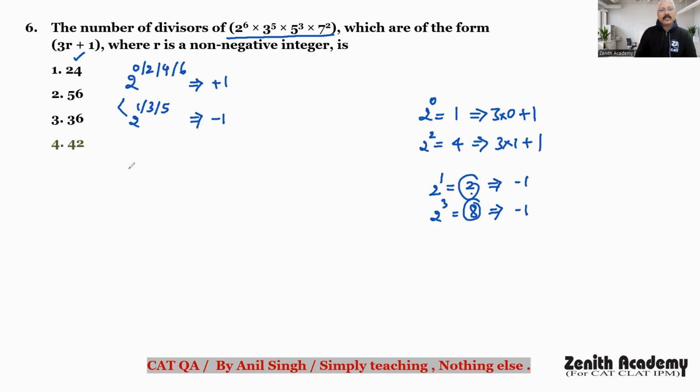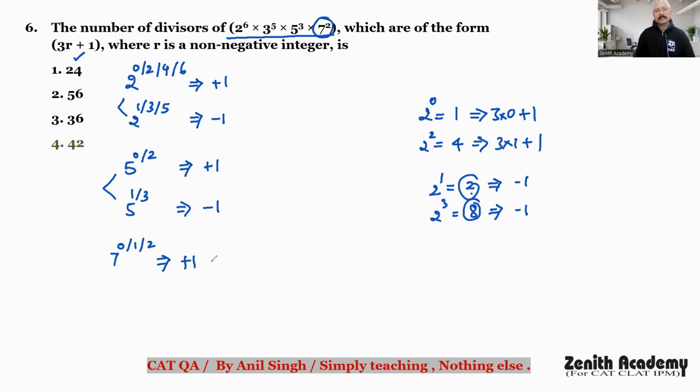And for 5 here, 5 to the power 0 and 5 to the power 2, when written in the form of 3r plus 1, the remainder is plus 1. But when 5 to the power 1 or 5 to the power 3, then the remainder will be minus 1. Okay. And then take the 7. 7 to the power, whether it is 0 or 1 or 2, any of the divisors, when divided by 3, leaves remainder plus 1.